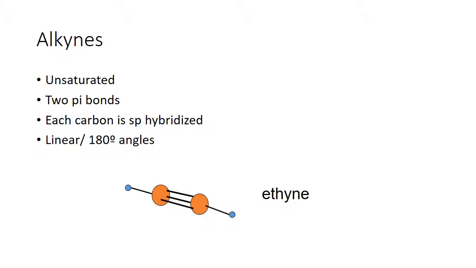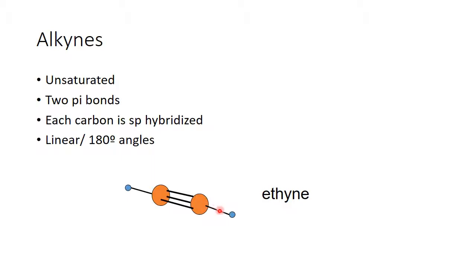If I look at this bond here, this is an sp orbital. Let me point at it for you. This bond right here is formed by an sp orbital from the carbon to the s on the hydrogen.